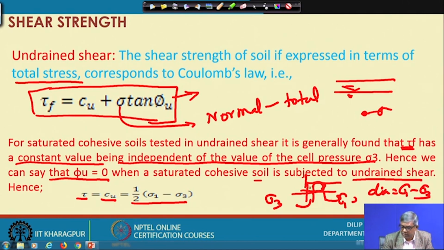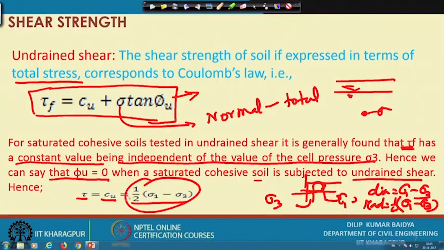Then the radius, and tau is nothing but the radius here, will be half of sigma 1 minus sigma 3, whatever I have written here. So, when we do an undrained test on saturated soil in a triaxial apparatus, you get the C u, that is the undrained strength, which is called undrained shear strength, and that will be half of sigma 1 minus sigma 3.